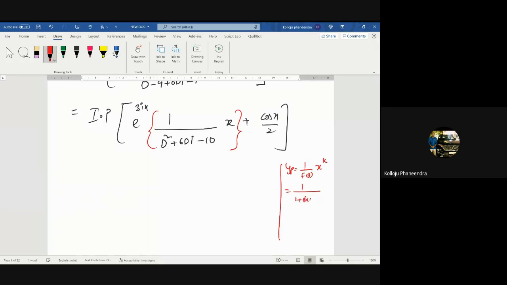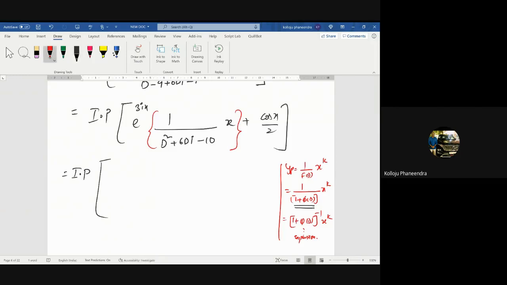First express this as 1 plus phi of d into x power k. Take this 1 plus phi of d to the numerator, whole power minus 1, x to the power of k. Then expansion. Okay. So let us do the same thing. To get the form 1 plus phi of d, I have to take the least degree term common.